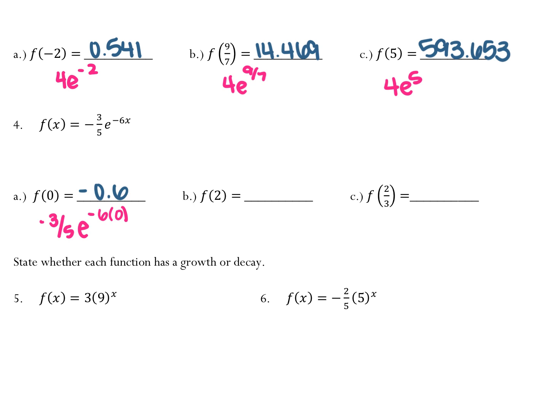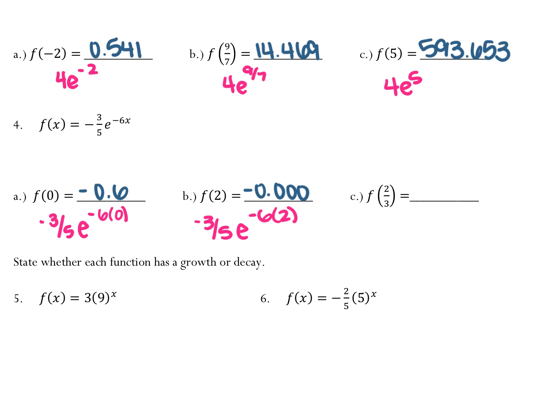For b, we have f of 2, so that's going to be negative 3/5 times e to the power of negative 6 times 2, which would give you negative 0.00003687. Again, if we're rounding to 3 decimal places, that's just negative 0.000.